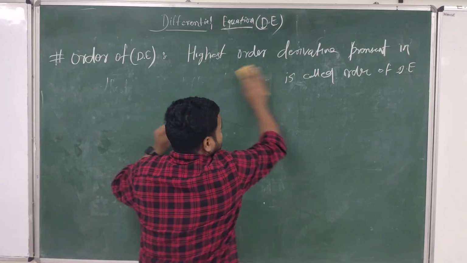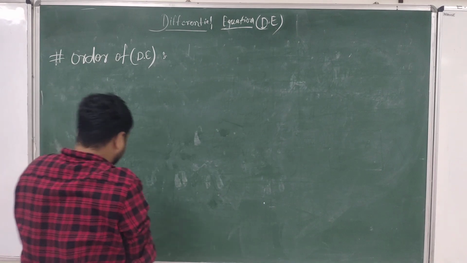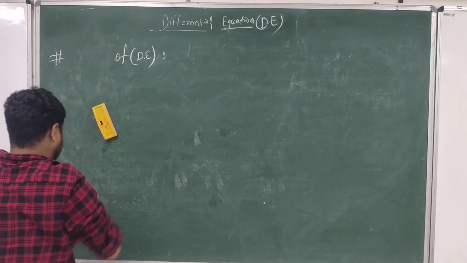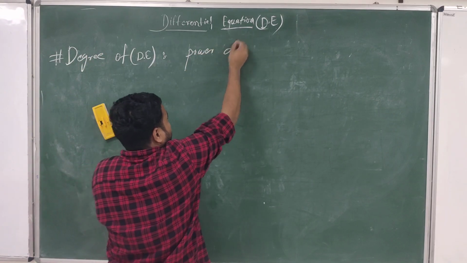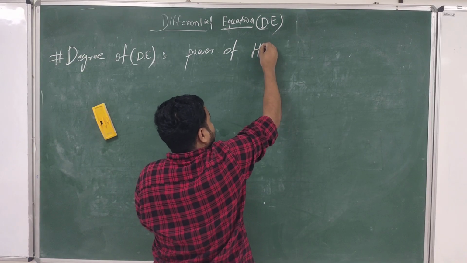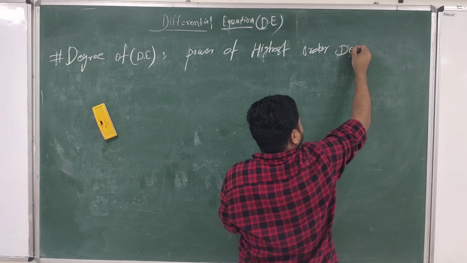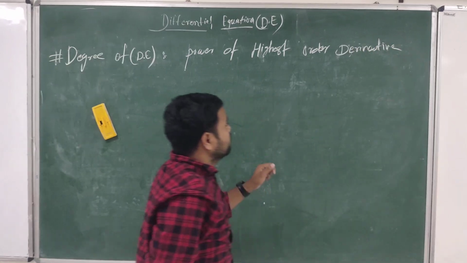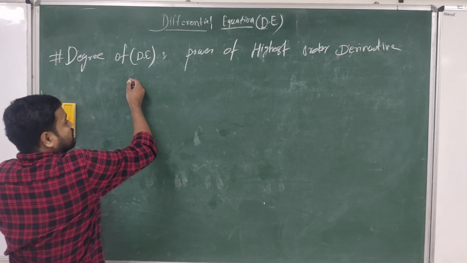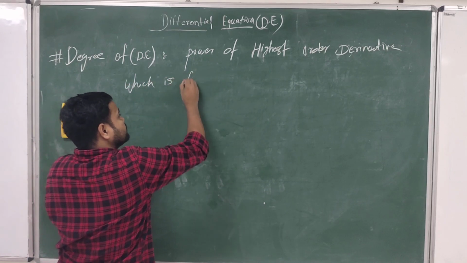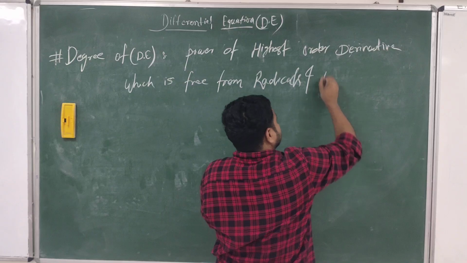It is the power of the highest order derivative, that is, the exponent, when the equation is free from radicals and fractions.